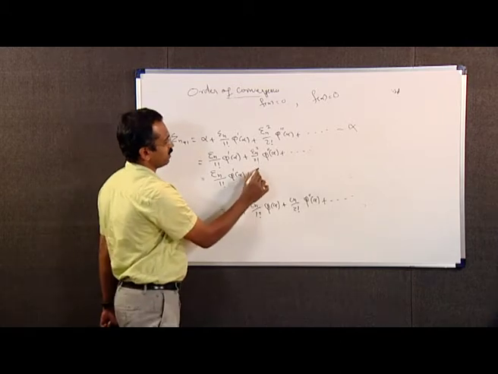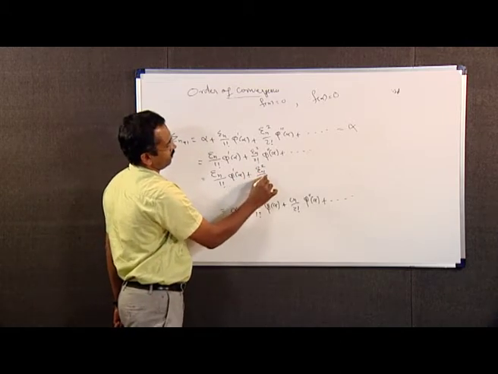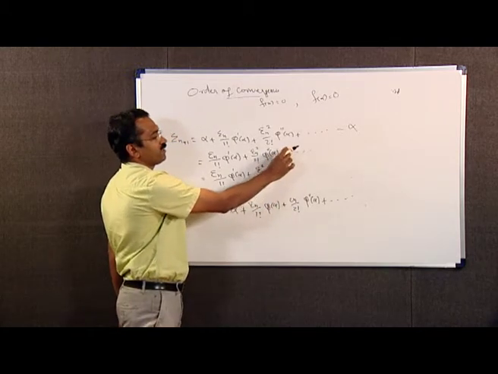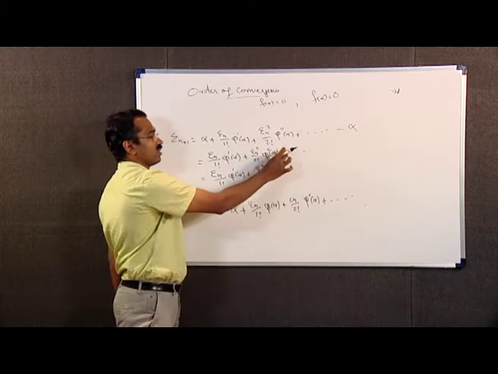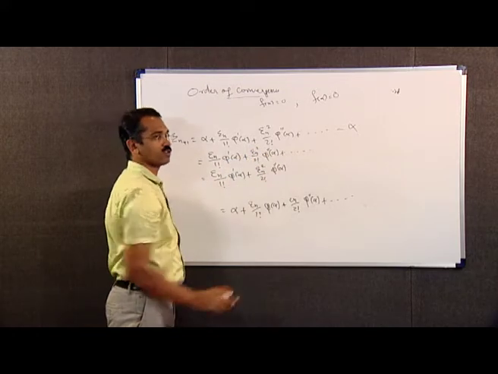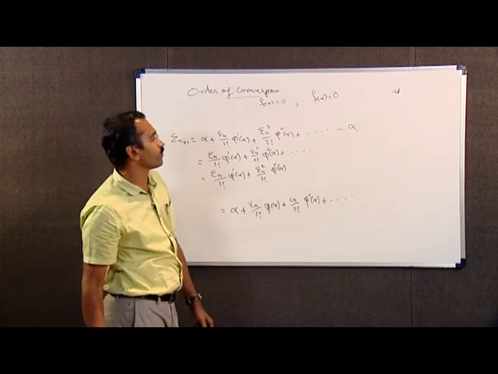After this term, the next term is epsilon n cube divided by 3 factorial into phi triple dash of alpha and so on.